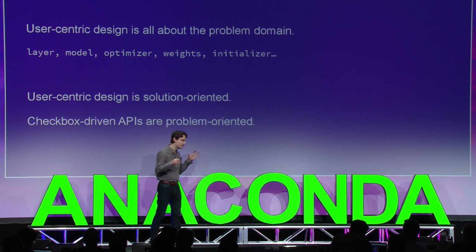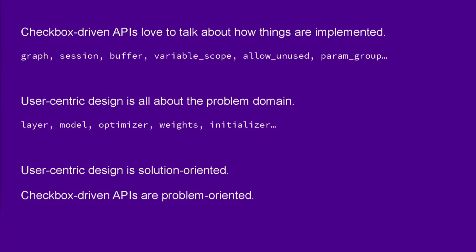So checkbox-driven APIs are really all about how things work under the hood, which are things that are not actually relevant to the end users. So for instance, if you're writing a deep learning library, maybe it's going to feature concepts like session, buffer, param group, blah, blah, blah. None of this is about deep learning and data science.